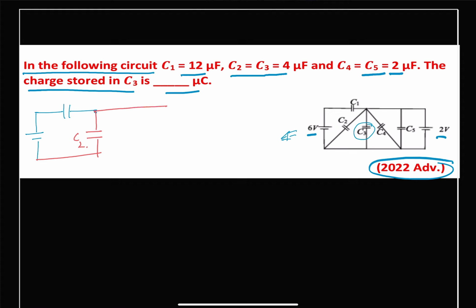We can draw it like this. So this will be C3, and then we have our C4, and finally we have our C5, and it is connected to a voltage source of 2 volt.